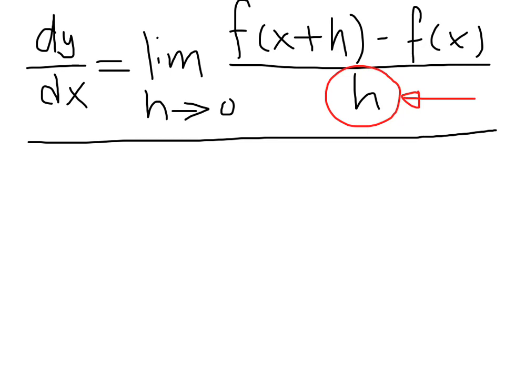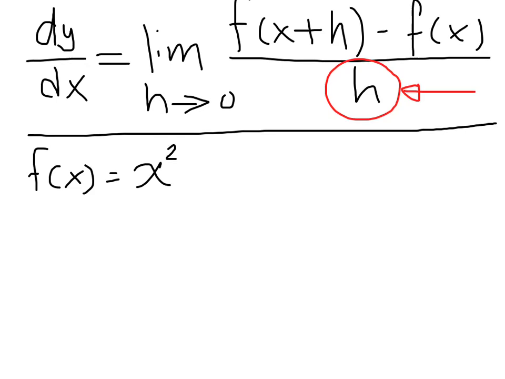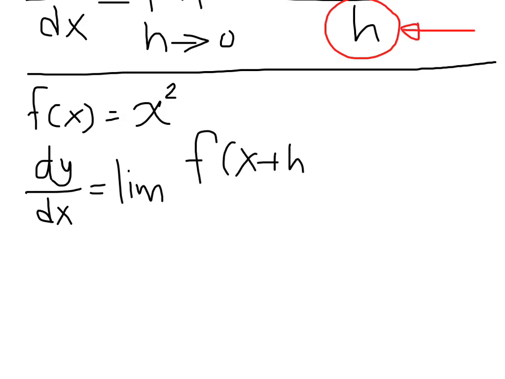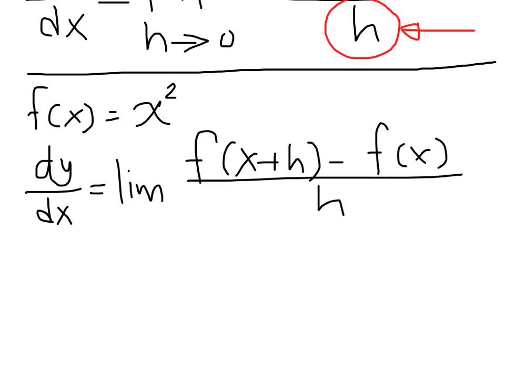Alright, let's take this function f of x equal to x to the power 2. What I always advise my students when they solve such questions is firstly to write the formula for the first principle. So I write this again: dy by dx equals the limit of f of x plus h minus f of x over h when h approaches 0.